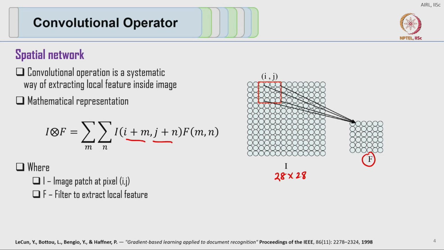I is the image patch, and F is the filter that I am using to extract a local feature which I will use in the subsequent phase. If I slide it further, I will have one more local feature. I process this till I get a feature map, or activation map. You will see this in the next slides, and you will be able to appreciate it.